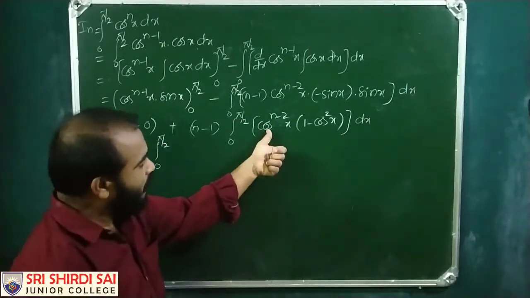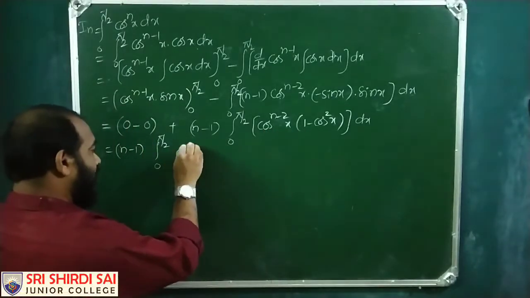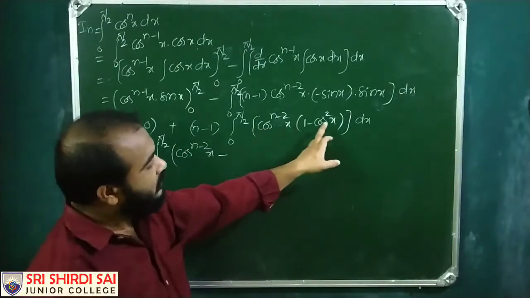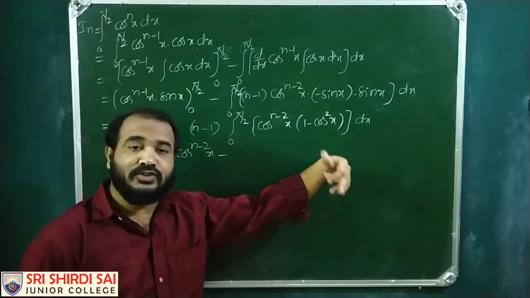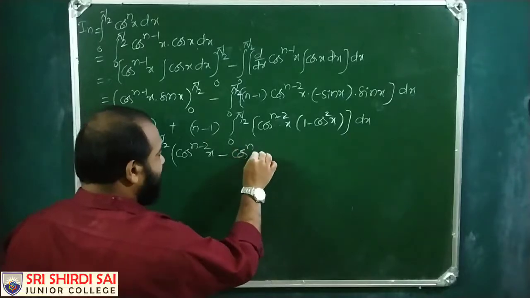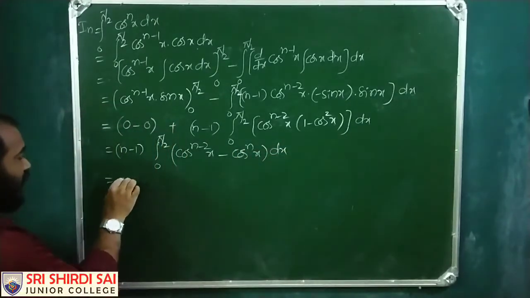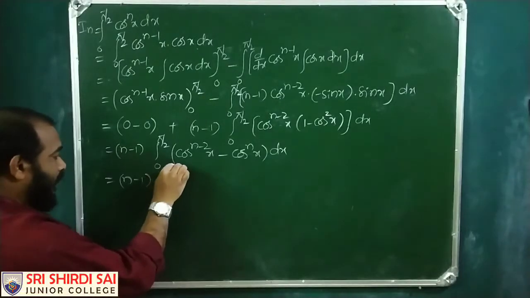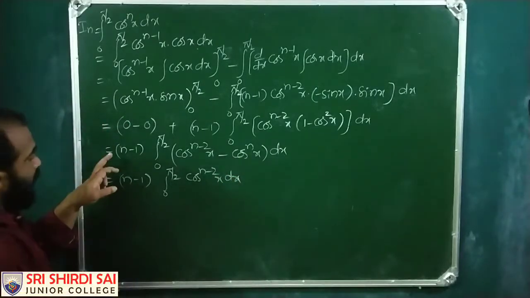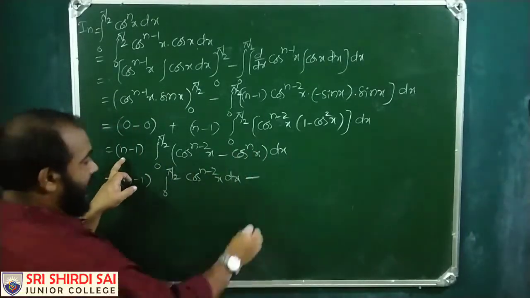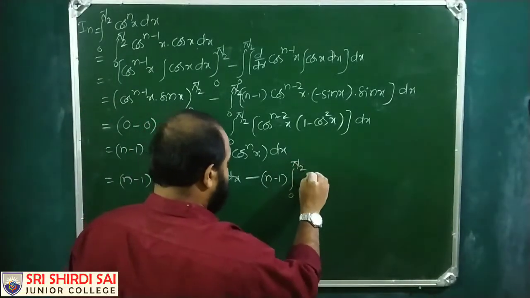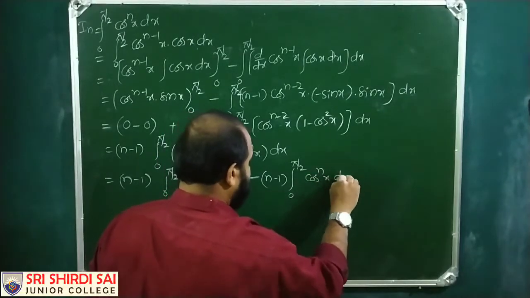See this here, cos power n minus 2x into 1, so cos power n minus 2x minus cos power n minus 2x into cos square x. When bases are equal, exponents are added. N minus 2 plus 2, so cos power nx dx. So now this is n minus 1 integral 0 to pi by 2 cos power n minus 2x dx minus n minus 1 into integral 0 to pi by 2 cos power nx dx.